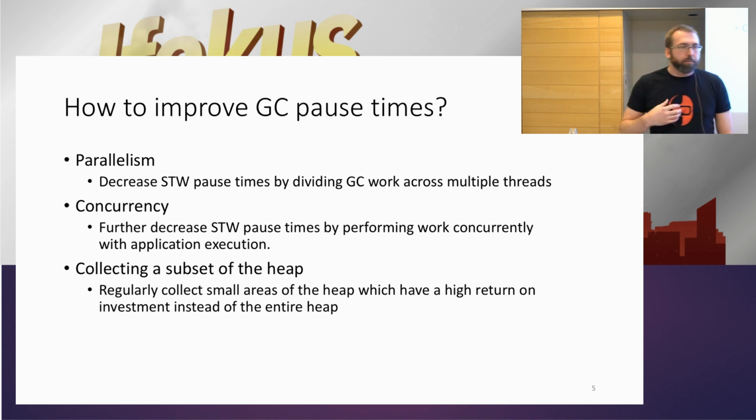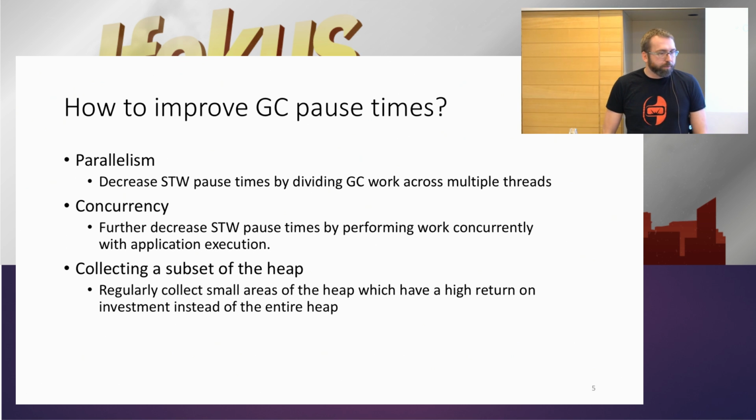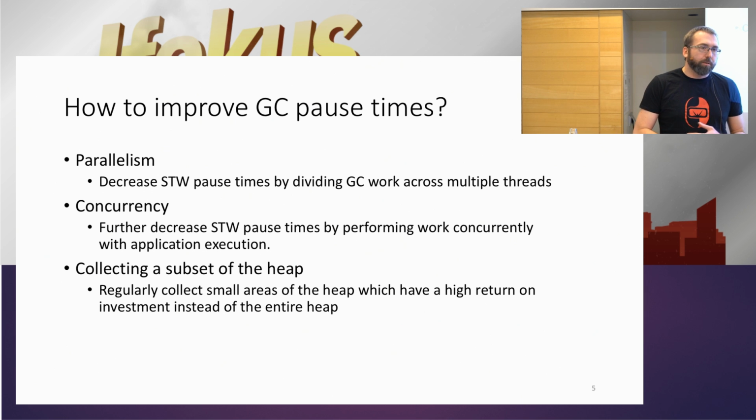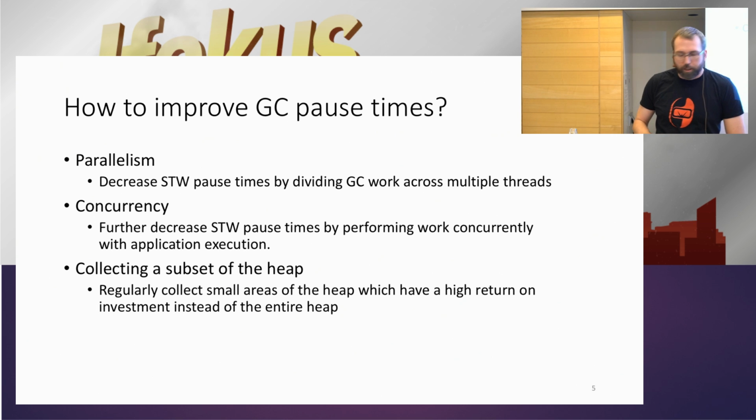So the next big step in GCs for all the major VMs was collecting a subset of the heap. This subset could be a standard generational collector, or now in newer collectors, the G1 and balanced style collectors, which do targeted collections at different parts of the heap based on where they believe they're going to get a big ROI.